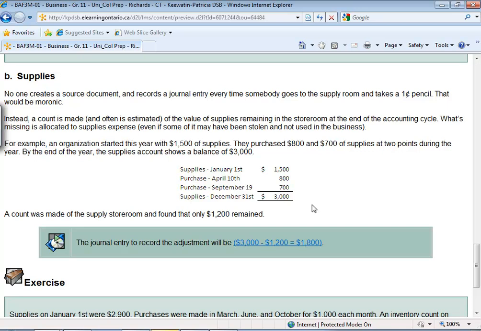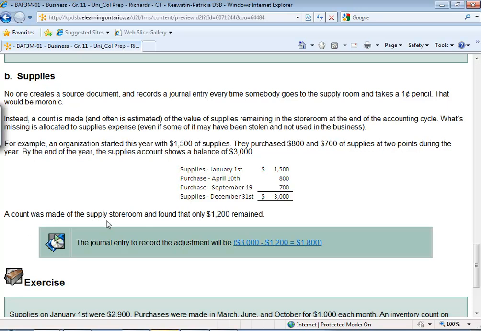Next we're going to talk about supplies for a moment. Recording how much supplies are used is usually an estimate, because generally you're not going to go through and count how many pencils you have, how many paper clips, and all that. So for example, let's say you knew how much supplies you had on January 1st, you purchased certain amounts during the year, and you add those, and that's how much in supplies you have for the whole year.